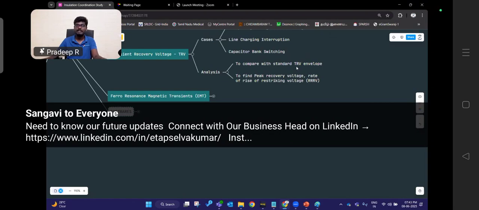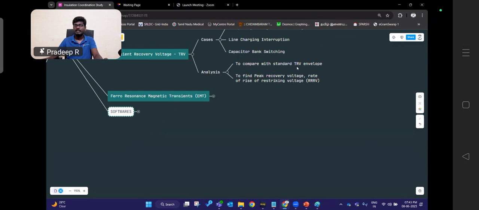There are some standards for TRV envelopes. So after performing this study, I am going to check whether it is within the limit of the envelope, the three different enveloping standards. In addition to that, we find the peak recovery over voltage, then the rate of rise of recovery voltage, RRRV. So these two will also be identified using this transient recovery over voltage.